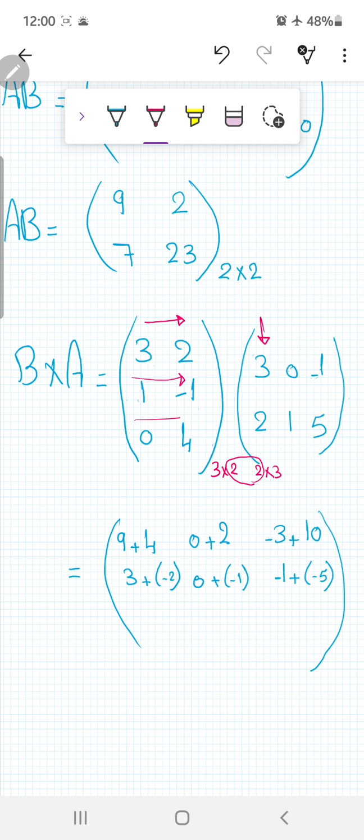What about the third row? 0 times 3 equals 0, plus 4 times 2 equals 8. 0 times 0 equals 0, plus 4 times 1 equals 4. The third column, 0 times negative 1, 0, plus 4 times 5, 20.